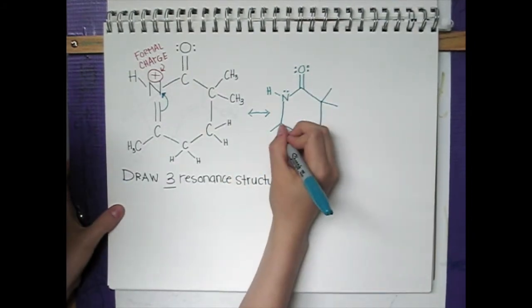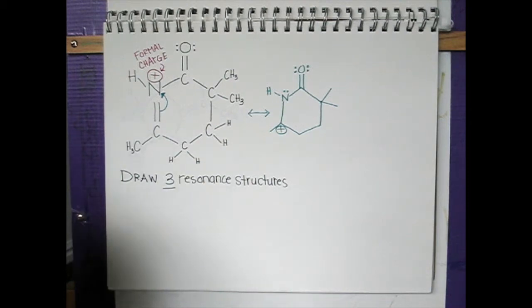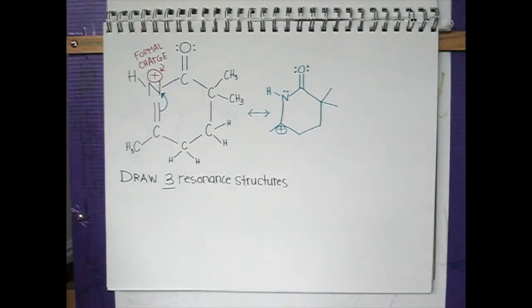Alright, so this carbon only has 3 bonds now, so he is a carbocation. He's positive. Nitrogen has 3 bonds. He's neutral. And oxygen has 2. So he's also neutral. This is our first resonance structure.